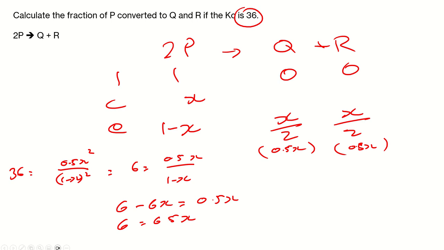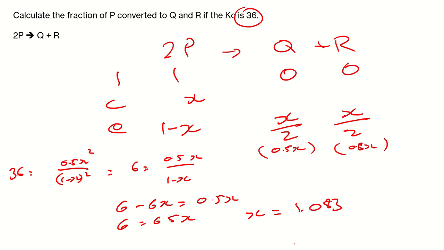If I go from there, let me get my calculator at this point. 6.5 divided by 6 gives me 1.083. So X equals 1.083, and my fraction equals 1 divided by that.